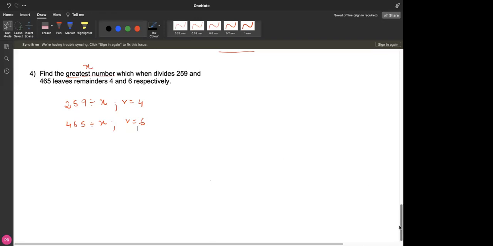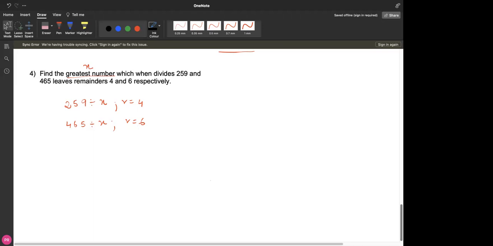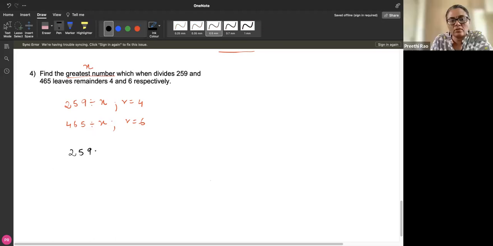Ma'am, the number should divide 259 and 465 leaving a remainder of 4 and 6 respectively. So we have to subtract 4 from 259 and 6 from 465 and find the HCF of the differences. So what Vijay is saying is from 259, we subtract the remainder 4, we get 255.